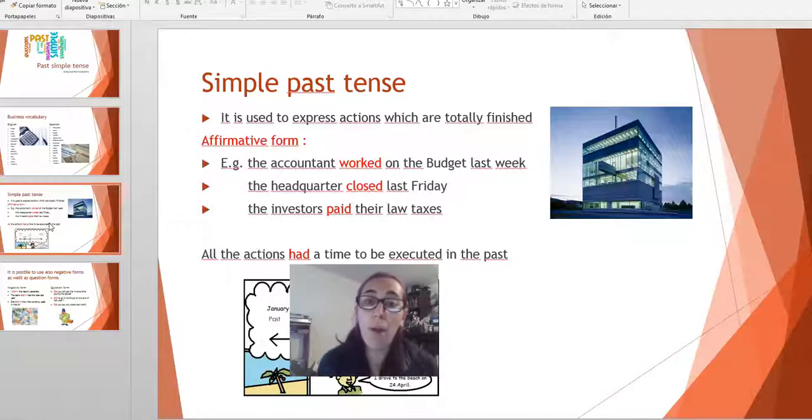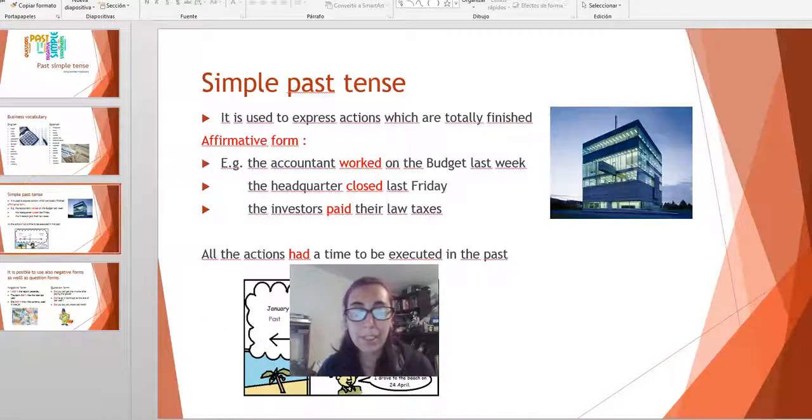If you have write, the past form would be wrote. Okay? So depending on the verb you have, you have to remember and memorize the forms, whether it is regular or irregular. Okay? So now, we are going to use the affirmative form, right?